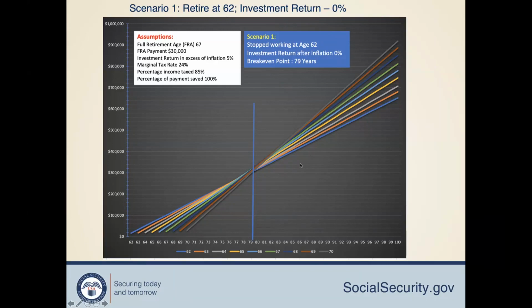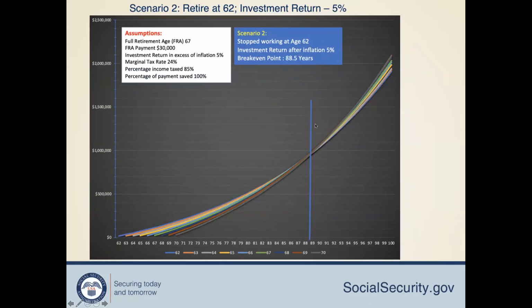If you are going to live to 92 or 95, as some people said, and you are going to use up the social security and not invest it, or you invest it and do not get any return, then 79 is the break-even point. After 79, it is better to claim later.